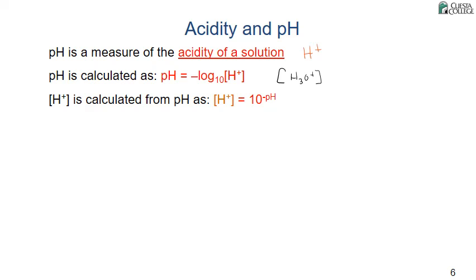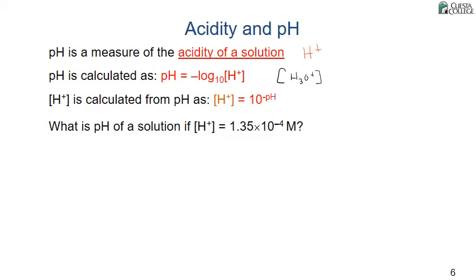It's possible to back calculate the H+ or H3O+ concentration by raising 10 as a power of the pH, but to a negative value. Here are some examples. Go ahead and try this in your calculator and see if you get the correct answer.